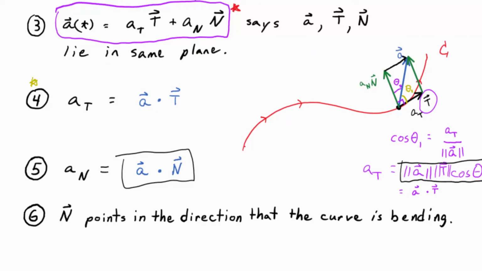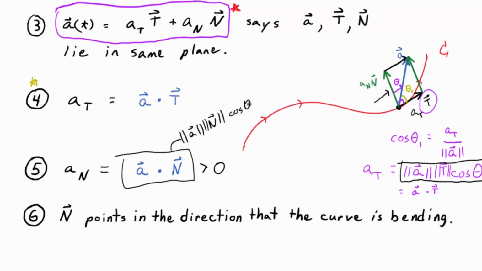Well, that's why n has to point in the same direction as the vector in green, in the direction that the curve is bending. In other words, a dot n is a sub n. It's got to be strictly bigger than 0. So remember another name for a dot n is magnitude a, magnitude n, cosine, what we call theta 2 in this case.